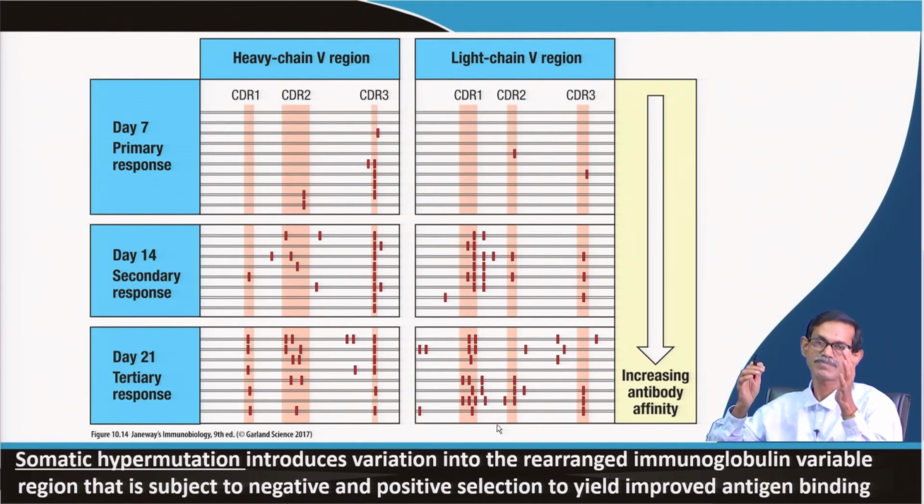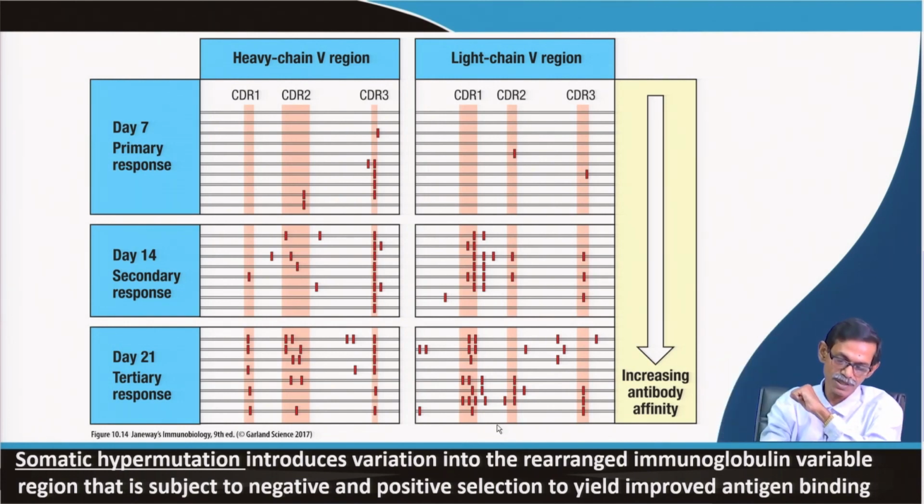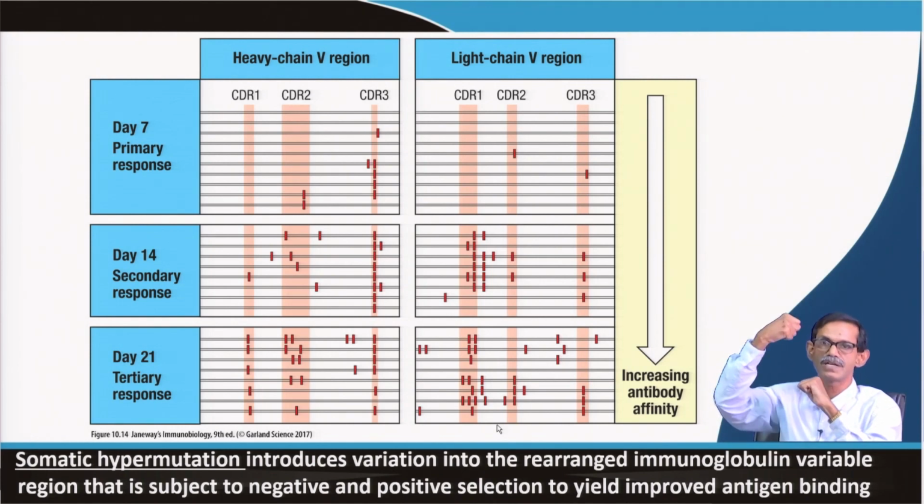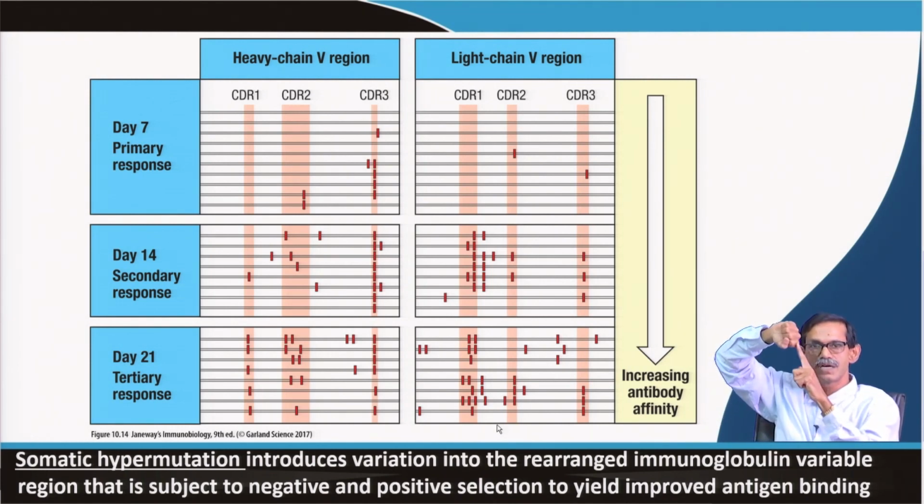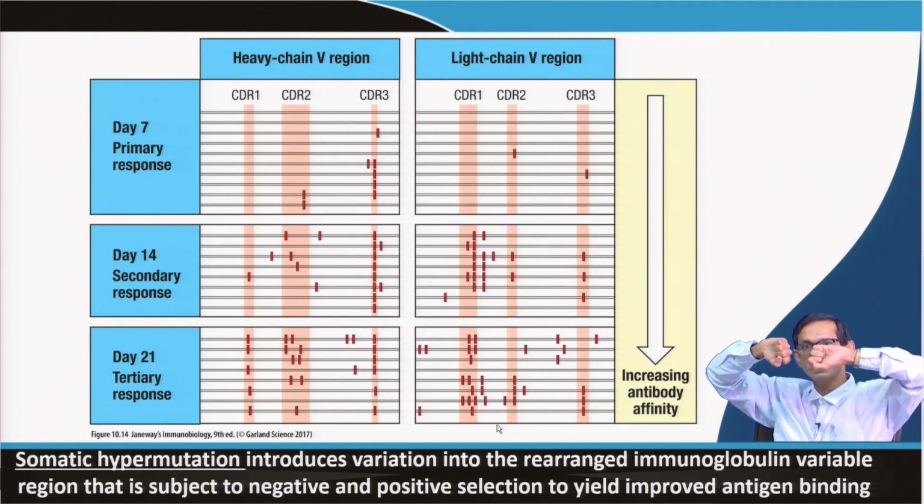So, CDR1, CDR2 and CDR3 are more important, and the interaction between antigen and antibody is non-covalent, mostly hydrophobic, electrostatic, van der Waals, and it all depends on what kind of amino acids are on the interacting region. If this is the antibody binding region, and there are some positively charged amino acids here and some negatively charged amino acids here, it will bind very tightly.